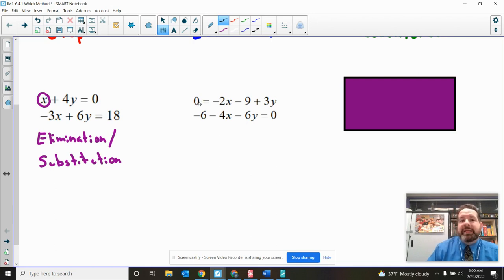We don't already have things all on one side of the equal sign with the number on the other. So frankly, I think that I would graph this one. That way I can just type the equations in exactly as they look, see where those intersections happen, and the intersection is the solution to the system.